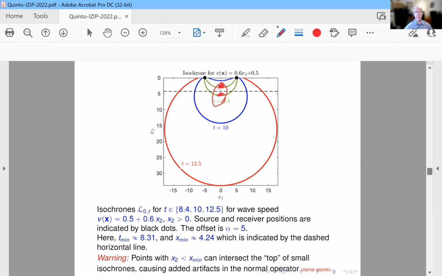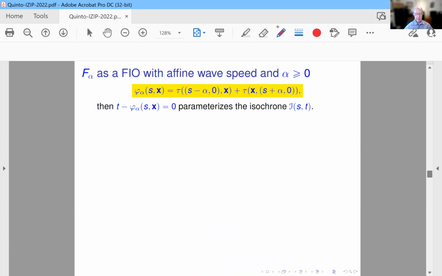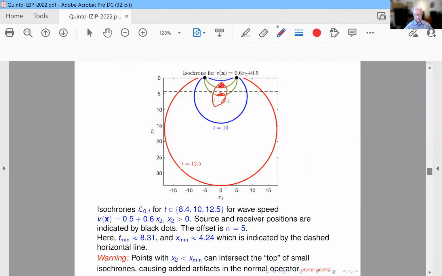These are so-called mirror points you see with the elliptical transform and circular transform with sources on a curve or surface. Okay. So that's why we take x2 less than x min. So our object is down here, not above.